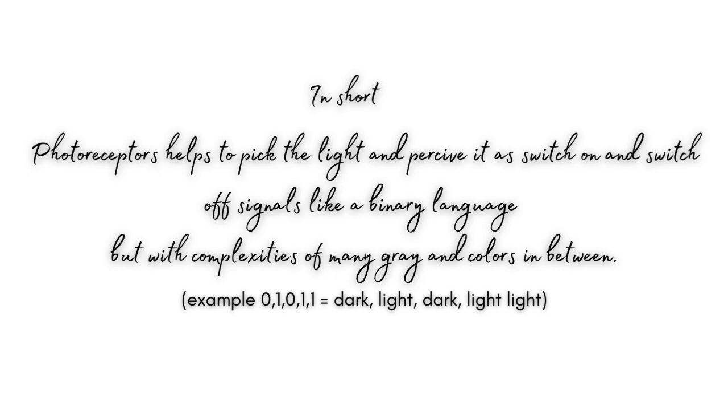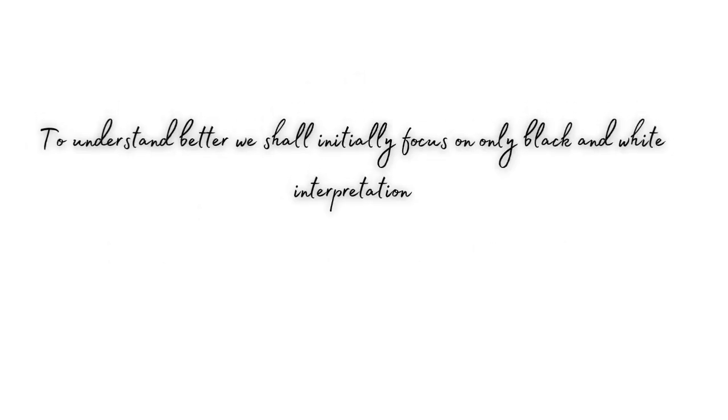Photoreceptors help to pick up the light and perceive it as switch-on and switch-off signals, like a binary language, but with complexities of many grays and colors in between. To understand better, we shall initially focus on only black and white interpretation.